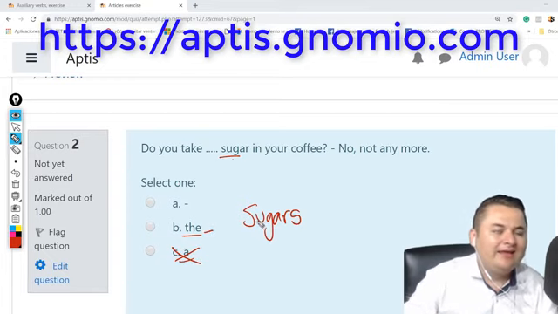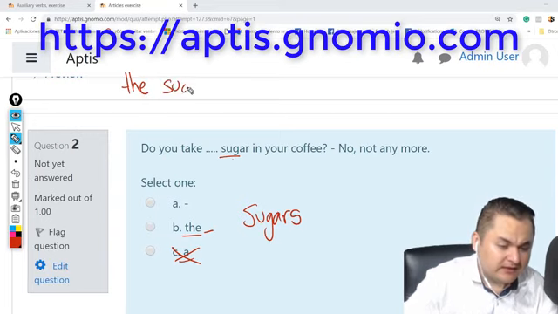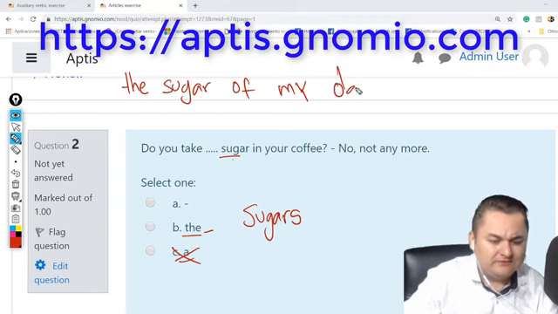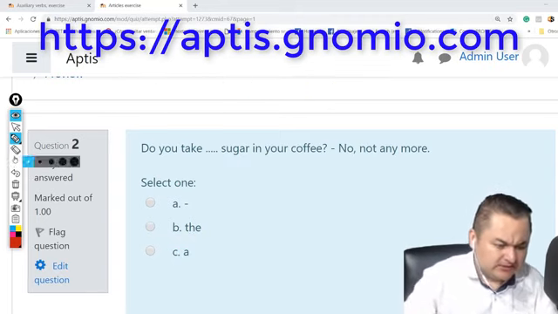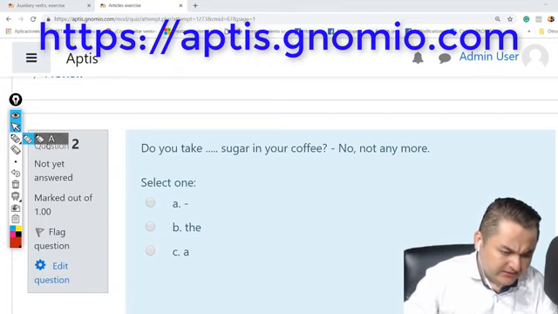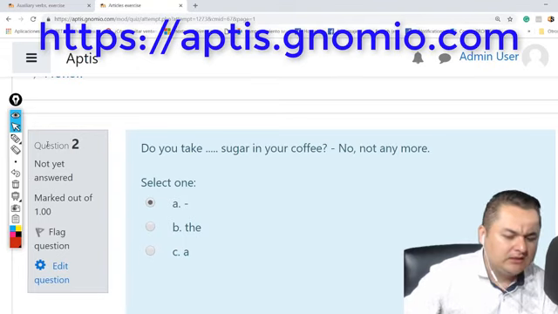The sugar, again, it would be the sugar if I want to be specific. The sugar of my dad, for instance, or my dad's sugar in this case. So since none of them make sense, we just have to say, do you take sugar in your coffee? Not anymore is the answer.